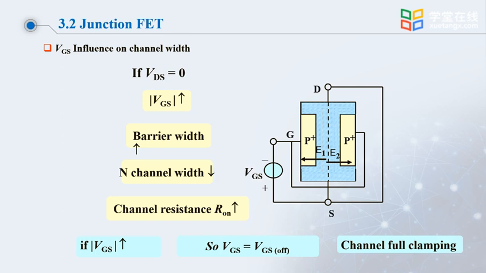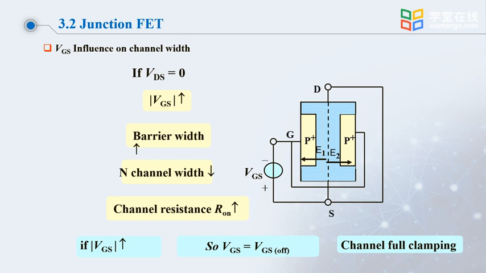This is the N-channel junction FET. When we increase the absolute value of the grid source voltage, that is, when the grid source voltage becomes more negative, the channel gets narrower. Part of the channel becomes a space charge region, so only the narrow area in the middle is N-type material, and the channel narrows.